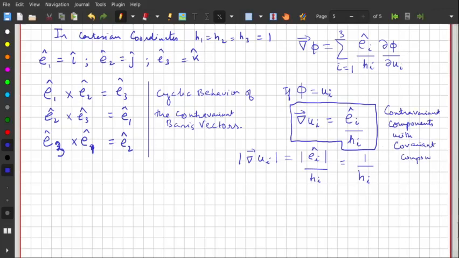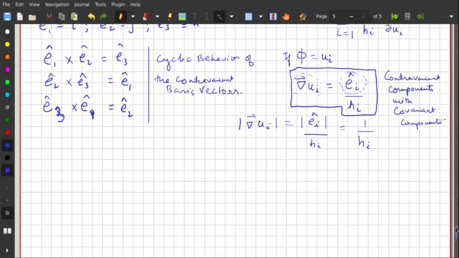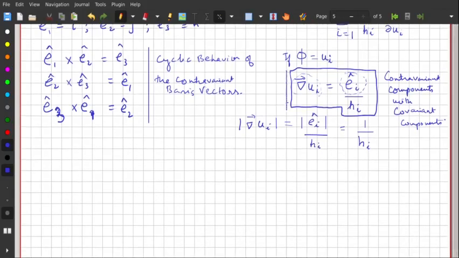Because if you see the right hand side, e sub i represents the contravariant components, but grad u_i, this is the normal component, so this represents the covariant basis. So let's keep in mind this identity. This will become very handy as we develop further ideas.